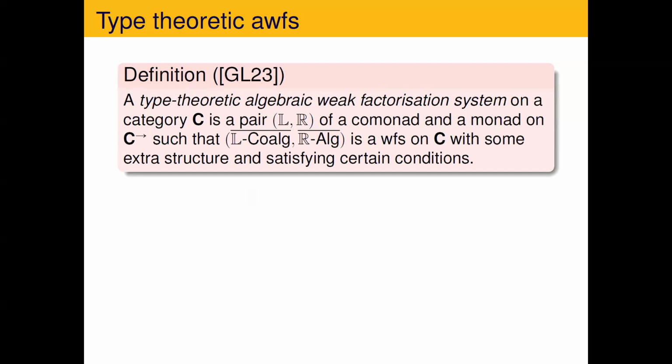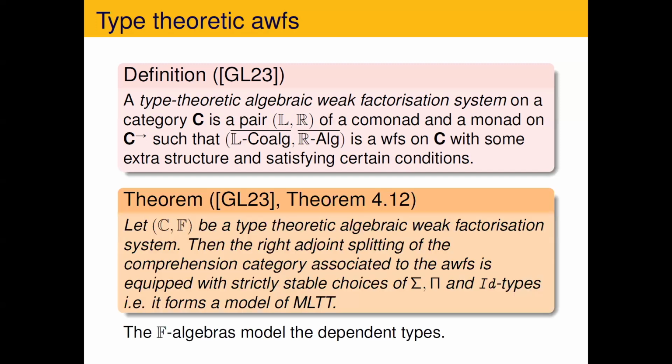The coalgebras are the left maps, and the algebras for R are the right maps. We have to close these under retracts, but never mind that for now. We also assume that we have some extra structure and they satisfy some extra conditions. But I guess their main result is that such a thing, a type theoretic algebraic weak factorization system, forms a nice model of Martin-Löf type theory.